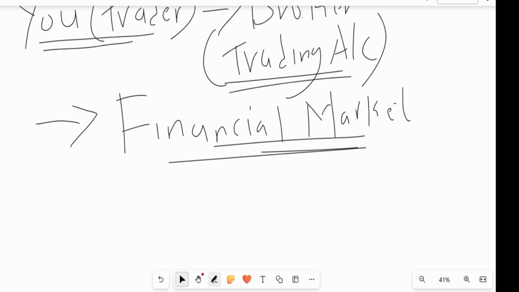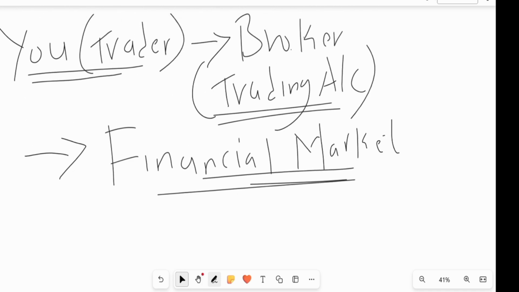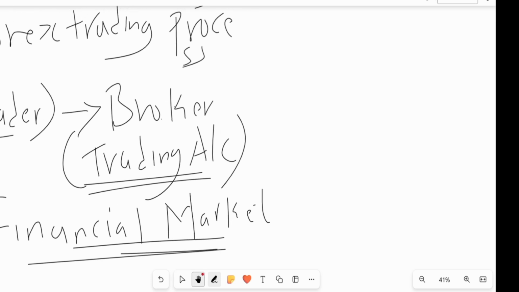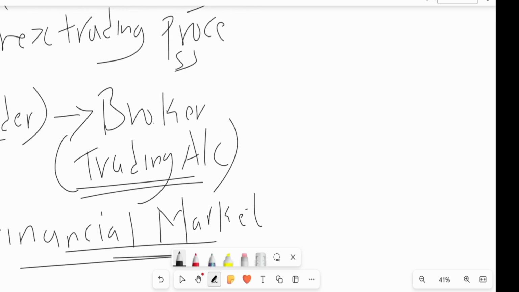You'll need a trading account, which can either be a demo for practice if you are new to Forex trading, or a live account for real money. So in this part where the broker comes in, I hope you can see it.